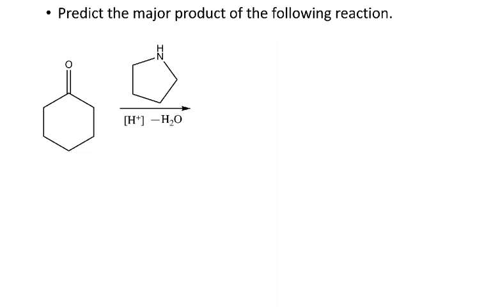So our product has the nitrogen replacing the oxygen, and we'll get a double bond between the carbon of interest and one of its neighboring carbons.